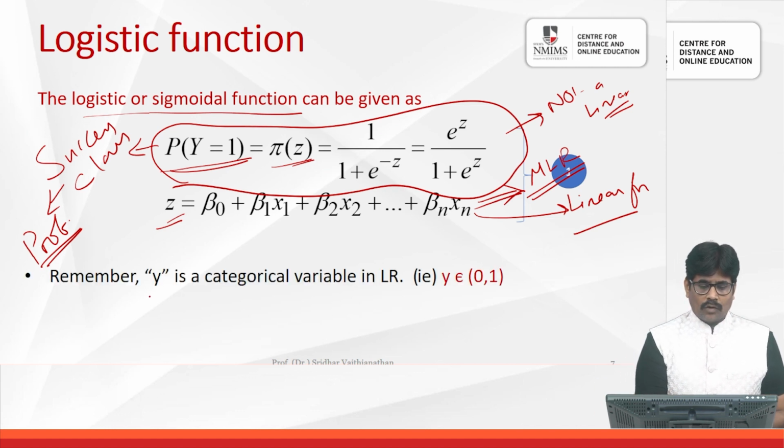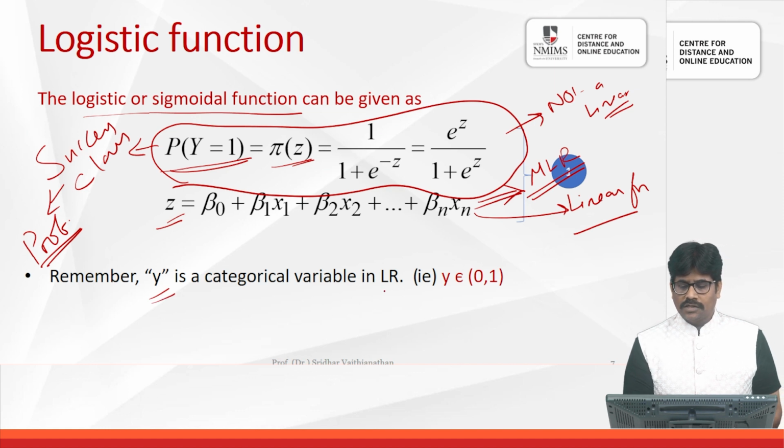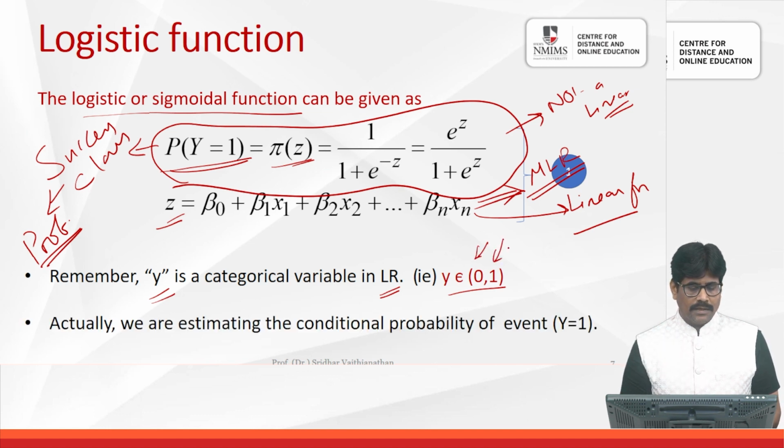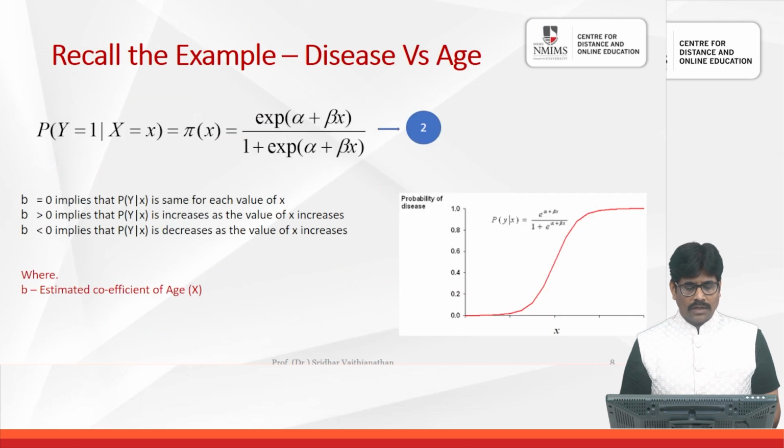Here y is a categorical variable in the logistic regression, where y takes two values, either 0 or 1. Please understand that.